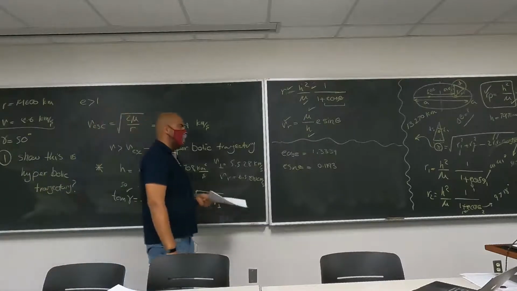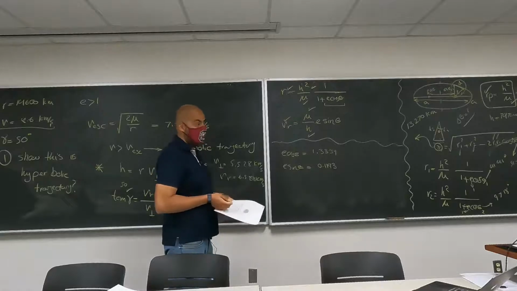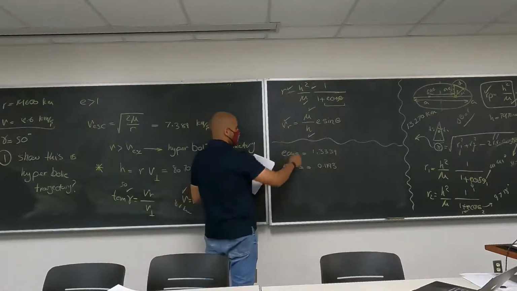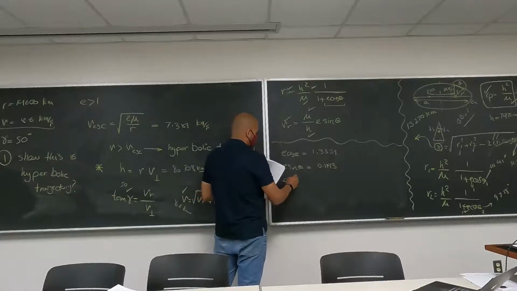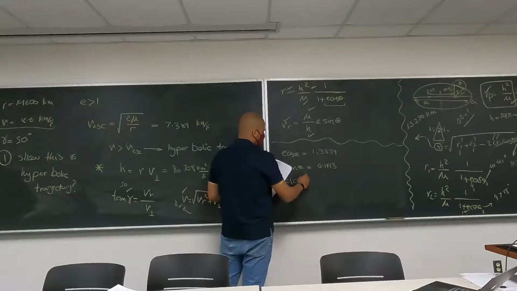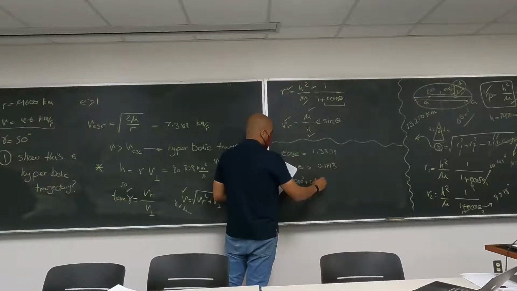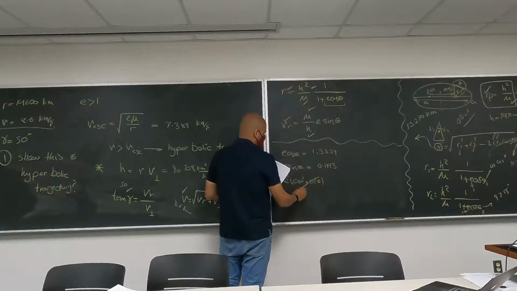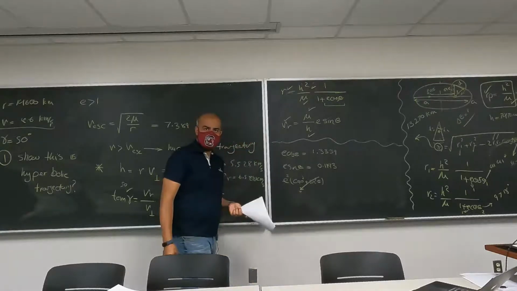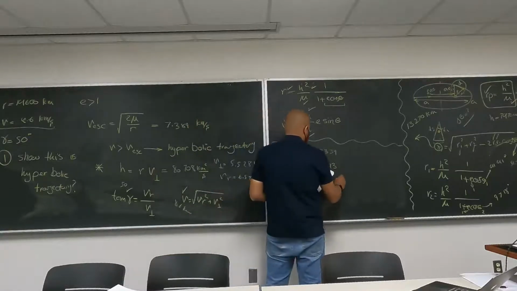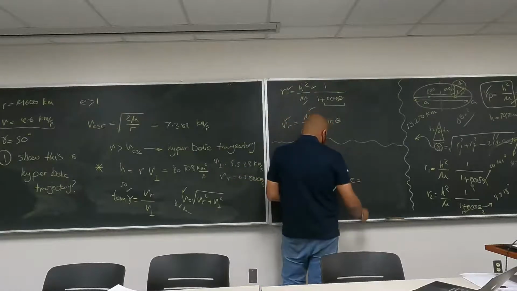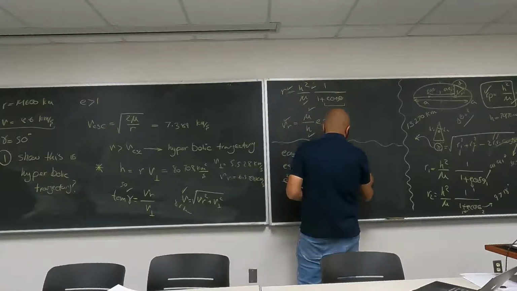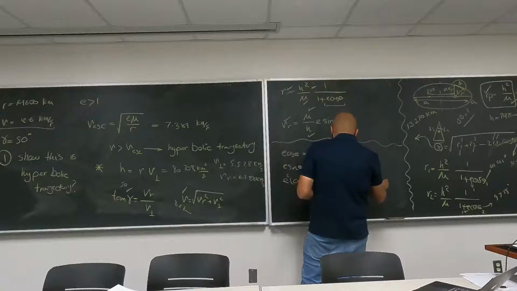Another way, just as your book has chosen to use, is to raise them to the power 2 and add them up. You're going to get on one side e squared times cosine squared plus sine squared, which is 1, to find the eccentricity, right? And this will give you the eccentricity equals 1.3393.